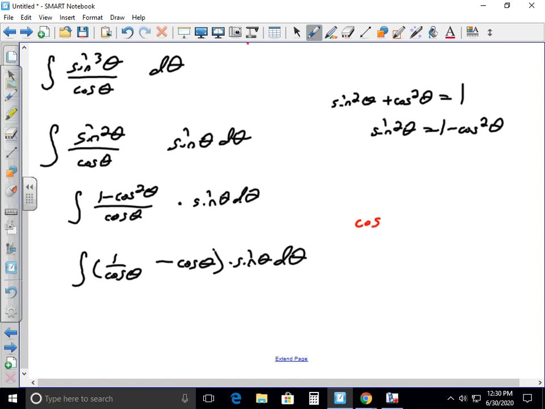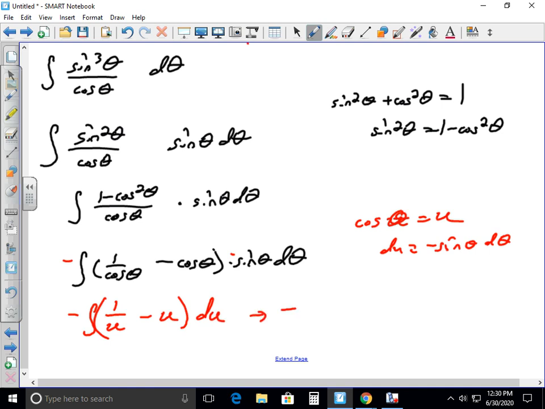Cosine theta is going to be u, which means du is minus sine theta d theta. So if we put a negative there to go with sine, we need to put a negative out front. So that gives us 1 over u minus u du.